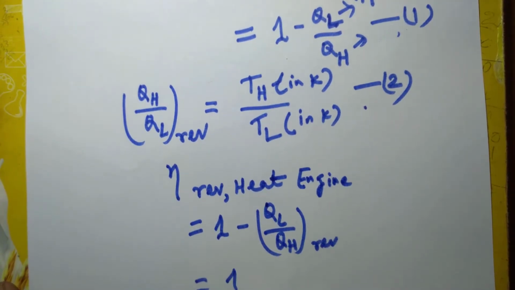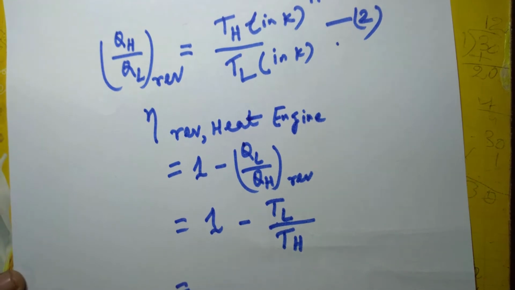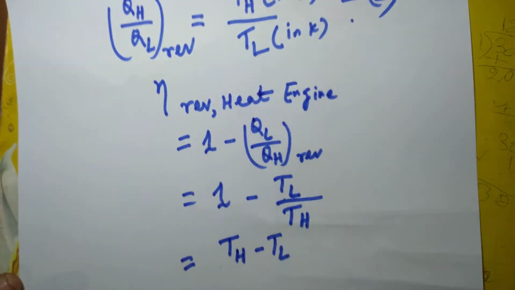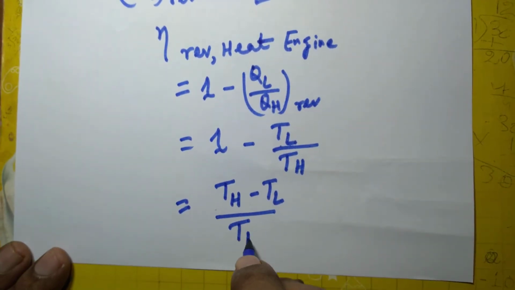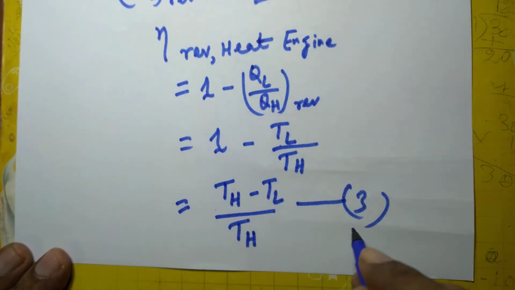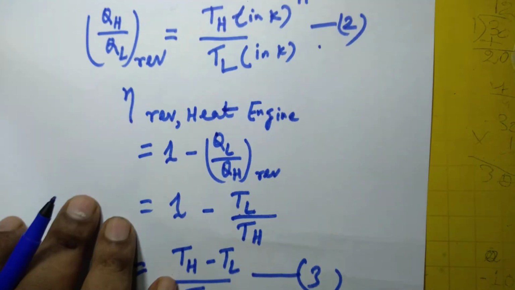This becomes 1 minus TL divided by TH. On further simplifying, this becomes TH minus TL divided by TH. This is the efficiency of any reversible heat engine, where TH and TL are expressed in Kelvin only.